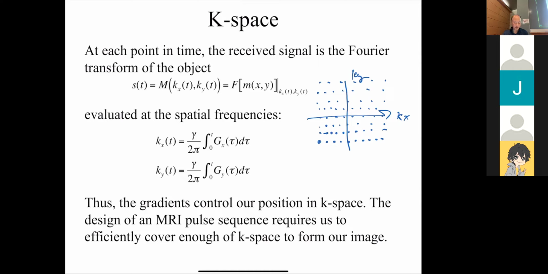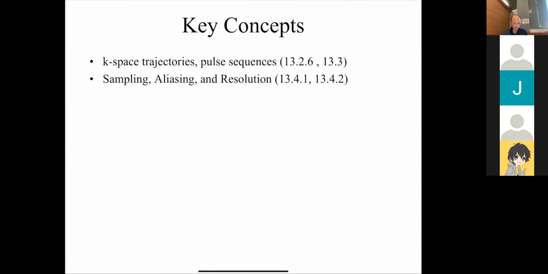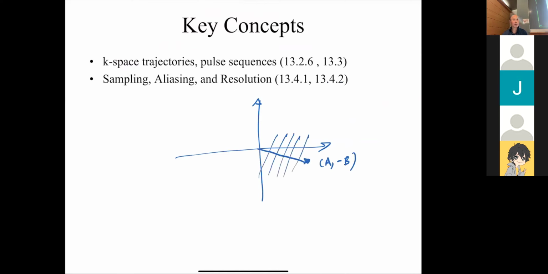But before we do that, there was a request to go over some of the pre-lecture quiz problems because there was, let's say, diversity of answers this time. Just to remind you, if I'm at some point, let's say A, minus B in K-space, then the pattern would look like this.